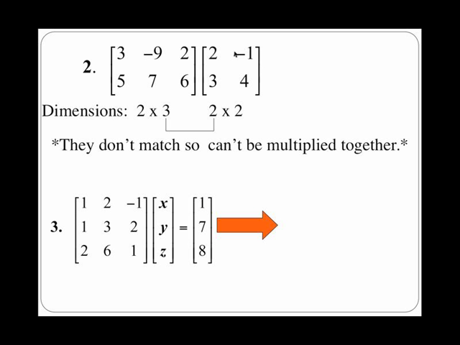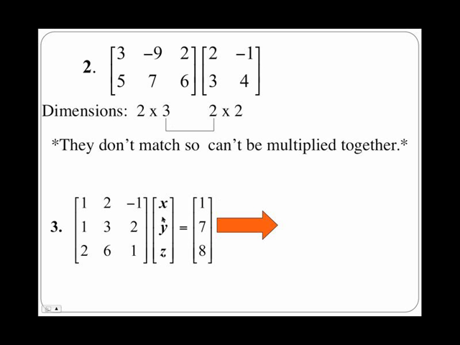Let's look at this one. All right, so if you think about the dimensions of this one, this is 3 by 3, and this is 3 by 1. So 3 by 3 and 3 by 1. The number of columns in this one is 3. The number of rows in this one is 3. So we're all good.